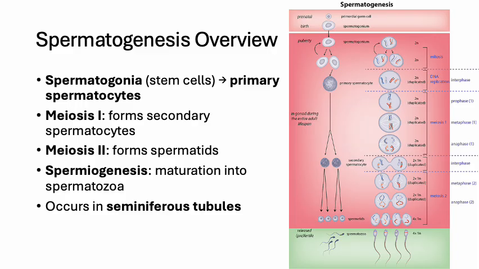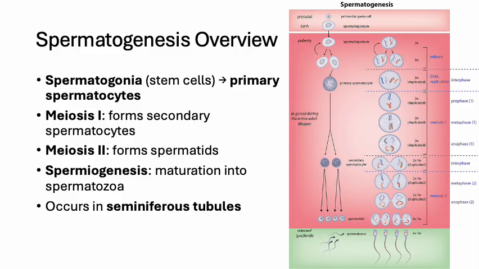Spermatogenesis is the multi-step process of developing mature sperm, and it all starts with spermatogonia, which are diploid stem cells found near the basement membrane of the seminiferous tubules. These divide mitotically to maintain their population and produce primary spermatocytes, which enter meiosis. In the first meiotic division, they become secondary spermatocytes, and after meiosis II, they give rise to haploid spermatids.